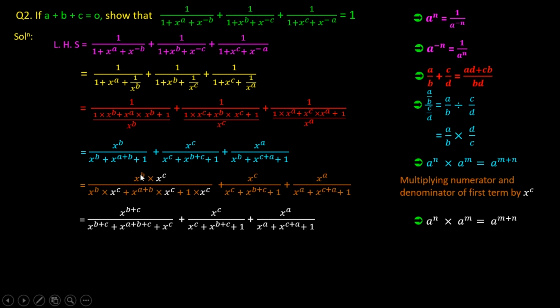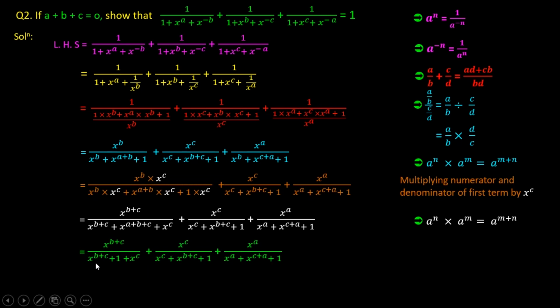So I have added the power on the top and on the denominator also. These have same bases, and we have to add the power a plus b plus c here, and 1 times x to the power c is x to the power c, and I have done nothing here in these two terms.